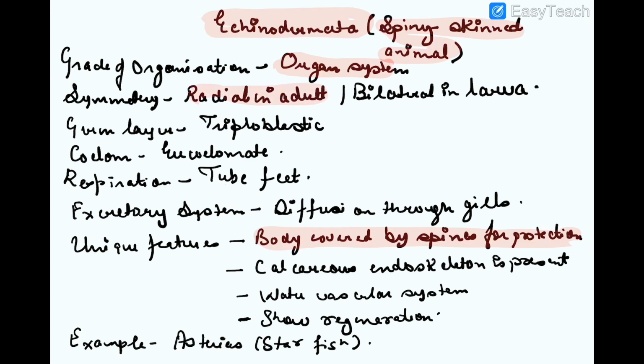Symmetry is radial in adult but bilateral in larva. Germ layers: they are triploblastic. Coelom: they are eucoelomate, which means they have true coelom. Respiration takes place by tube feet. In the excretory system, diffusion occurs through gills.